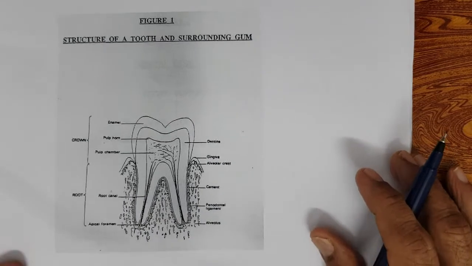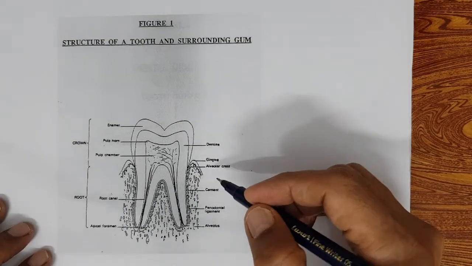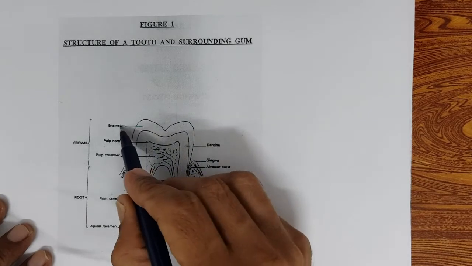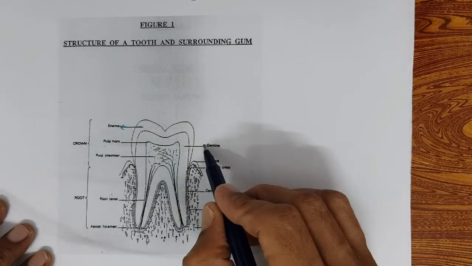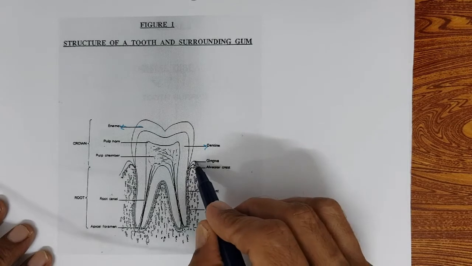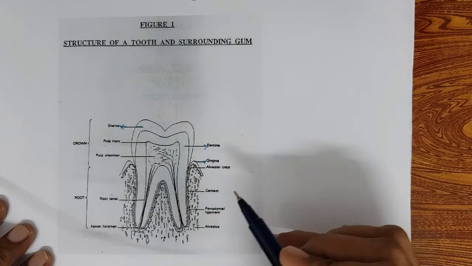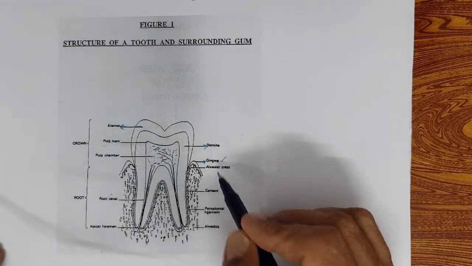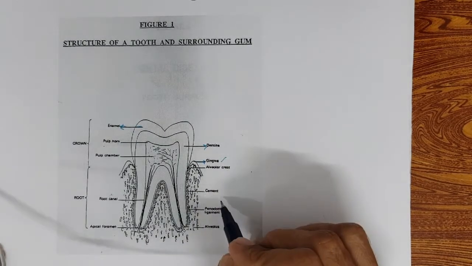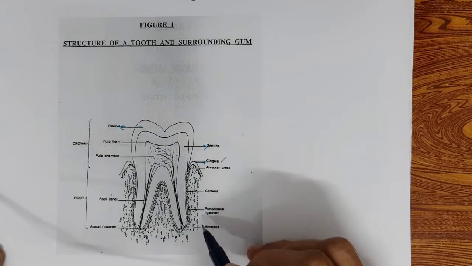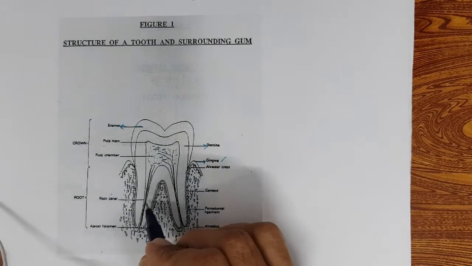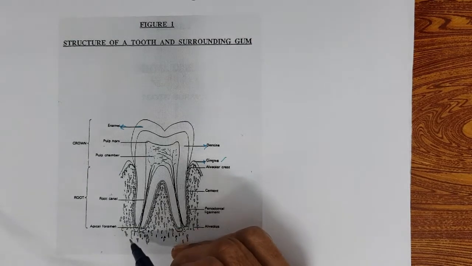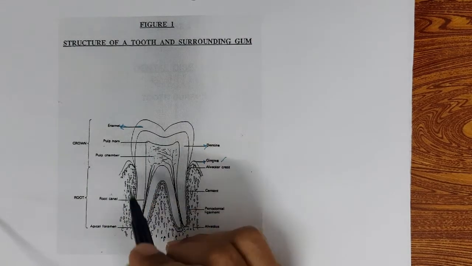This is what we discussed. We discussed the structure of teeth. The outermost layer is enamel, then dentine, then gingiva. We used to call it the gums, that is gingiva. This is the cement, this is the root canal, where root canal treatments are done for sensitive teeth, and this is the pulp.